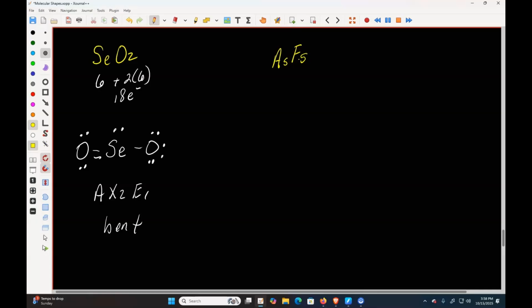AsF5. Arsenic is in group 15, so it'll have 5 electrons. Fluorine will have 7. That should give me a total of 40 electrons.